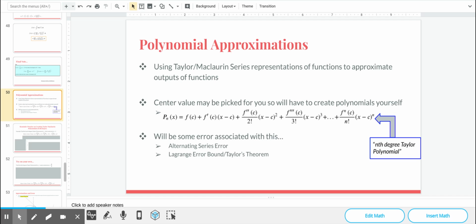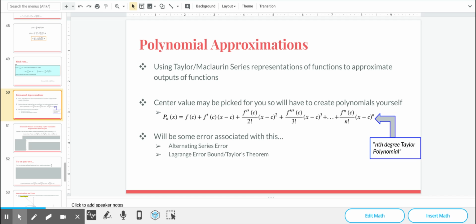And so what do we talk about when we say polynomial approximations? Well, we've already talked about Taylor-Maclaurin series as a whole. We've actually already talked about Taylor-Maclaurin polynomials a little bit as well, which is basically cutting off an infinite series at a certain degree and saying, hey, that's the nth degree Taylor polynomial, or that's the nth degree Maclaurin polynomial.